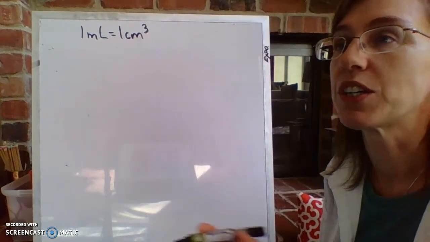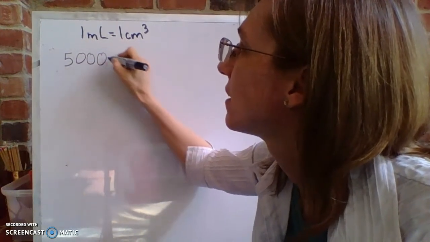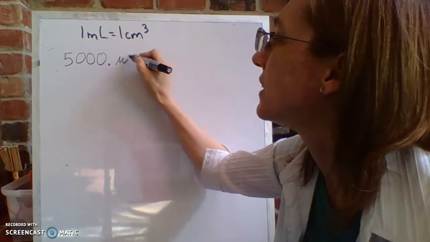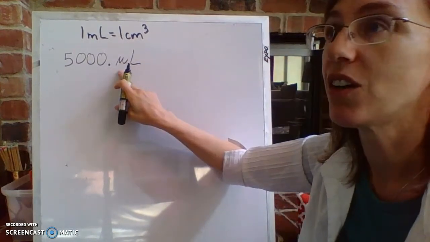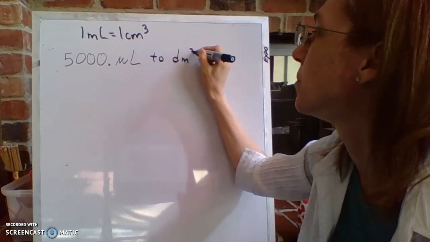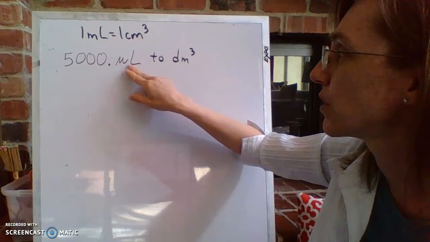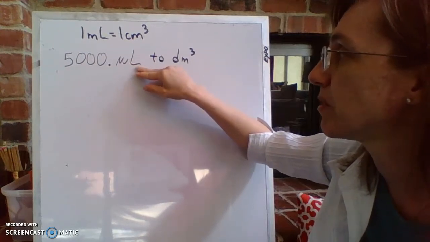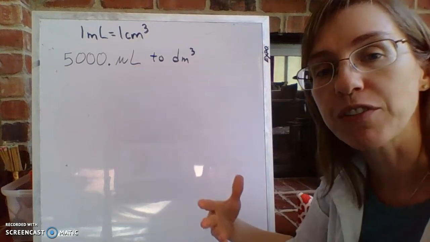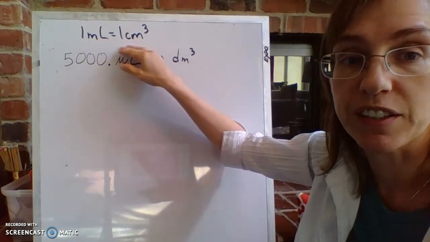Now, say you were asked a question like, convert 5,000.0 microliters to decimeters cubed. So here the things we're going to look for is you've got some type of liters to some type of meters cubed. That tells you you're going to have to use this type of process that'll involve this conversion factor.